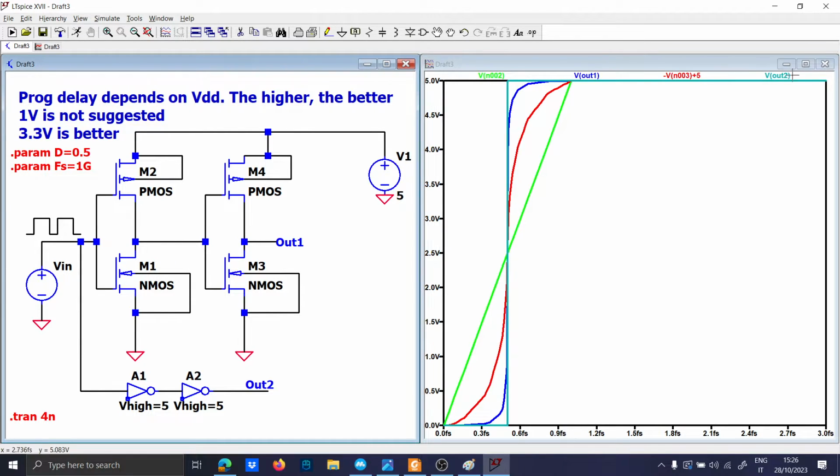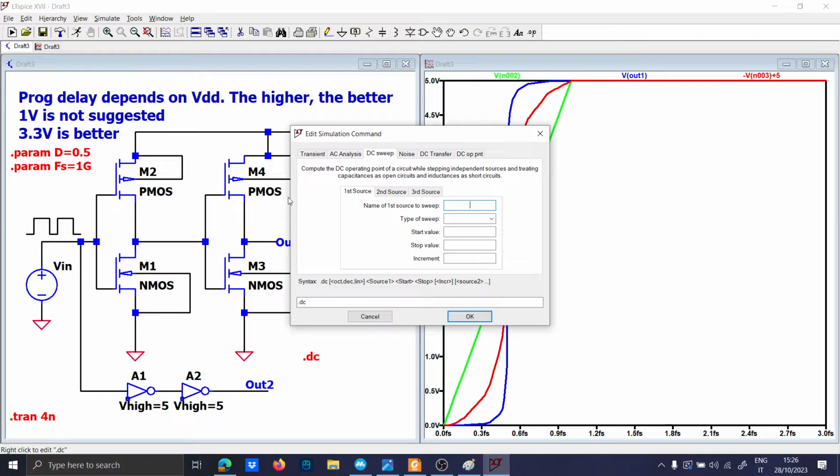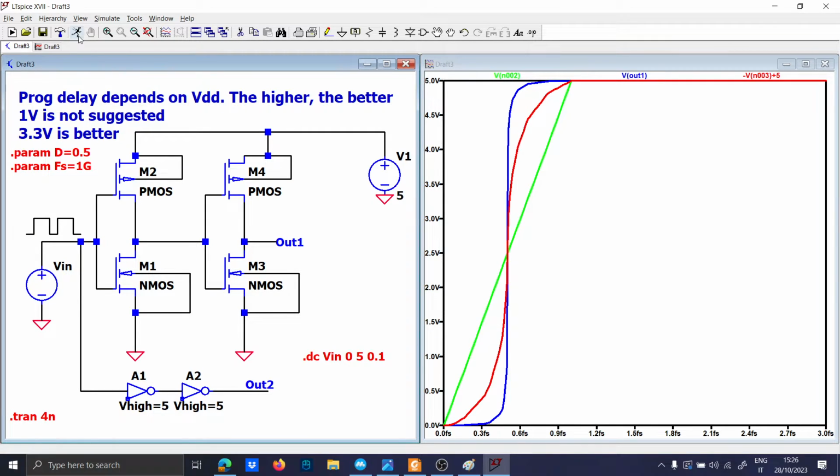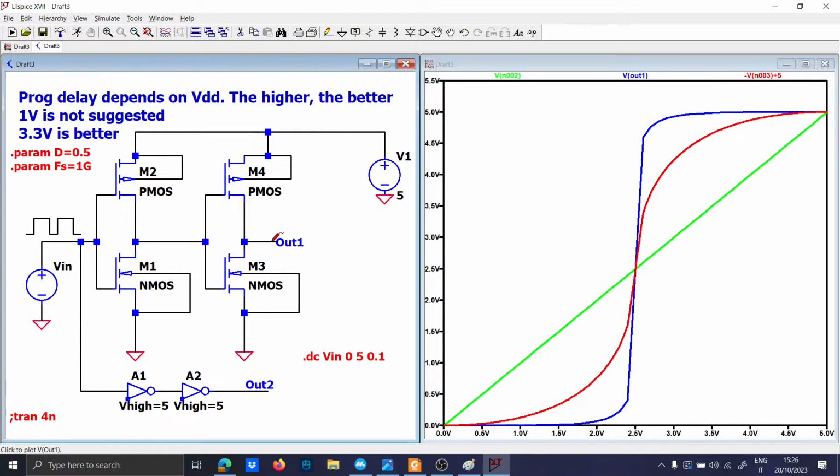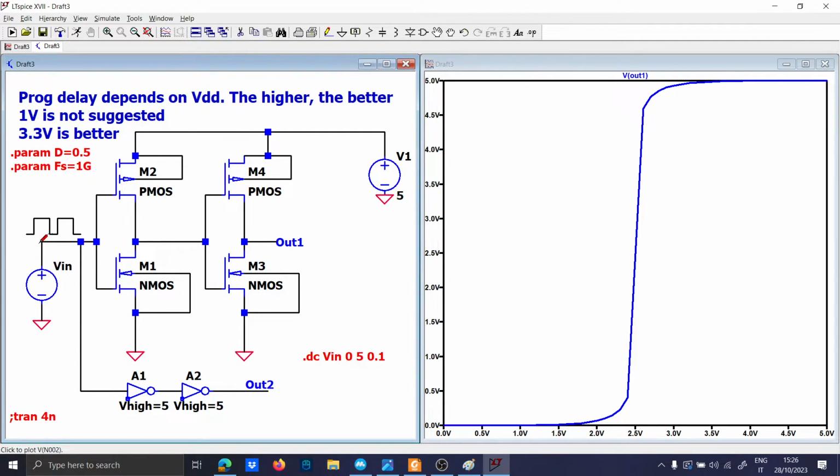But above all, you want to check the characteristic of this. Just do .dc, and the first source to sweep is Vin. Type of sweep, of course, linear, between 0 and 5 volts. Increment as you wish. You run the simulation, and you will see the output voltage 1 and Vin.